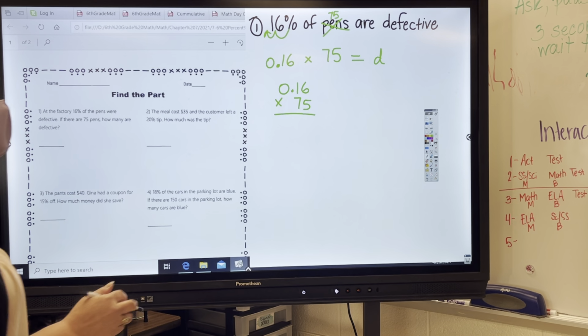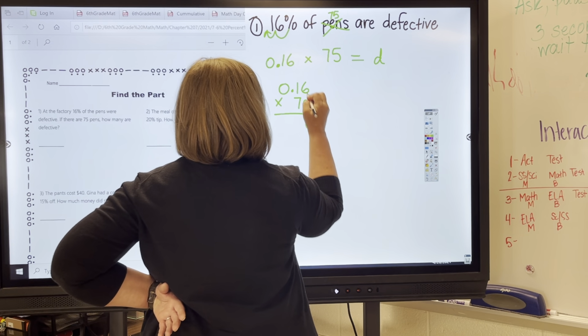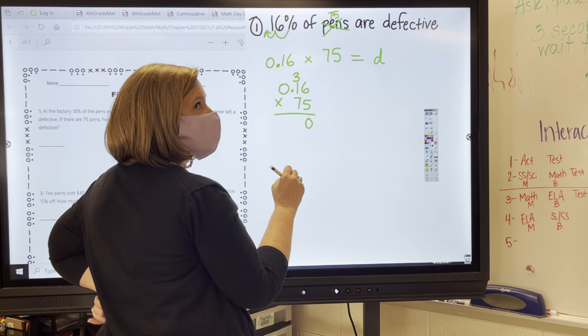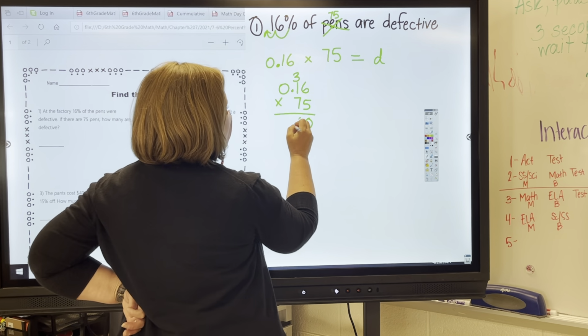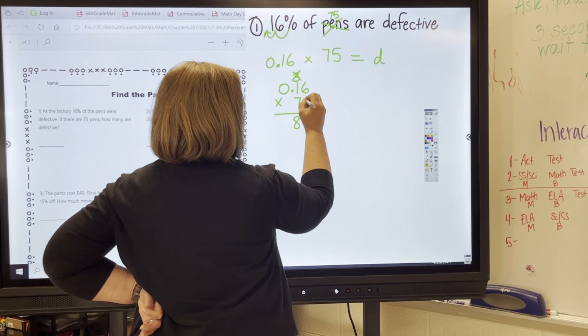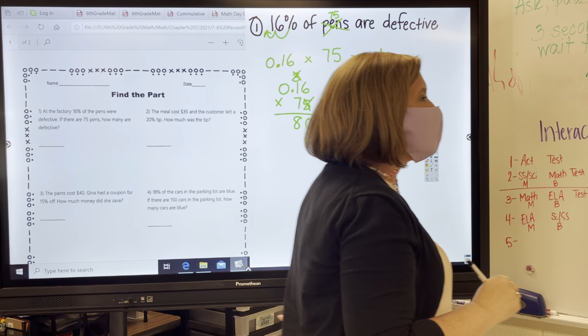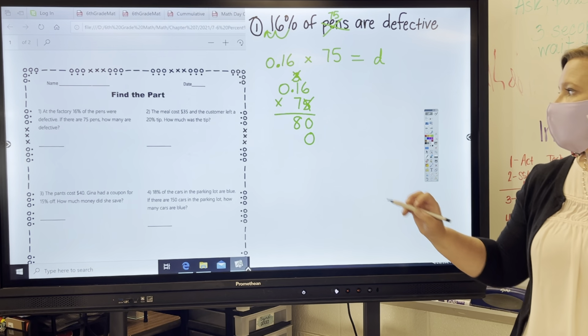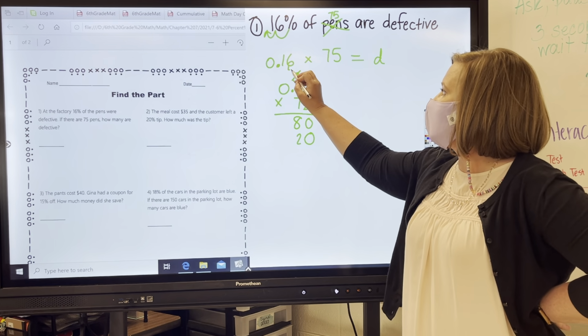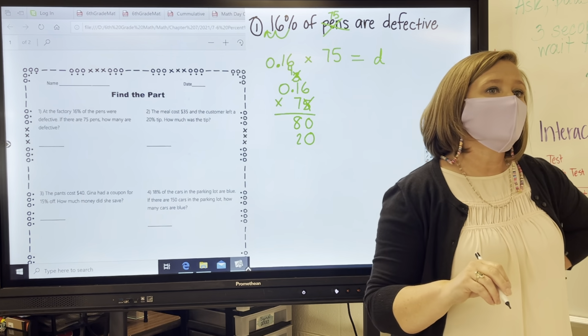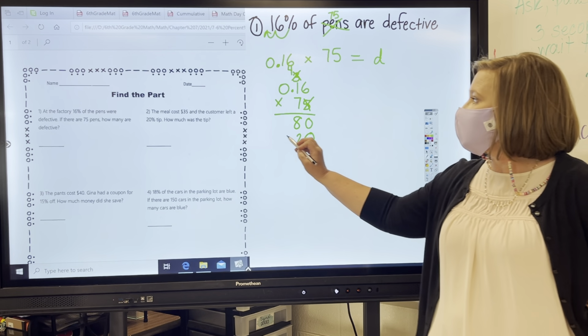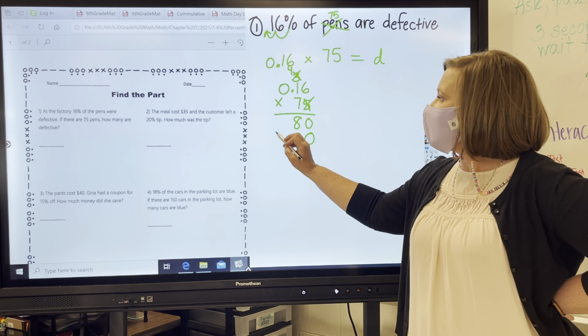Five times 6 is 30, carry my 3. 5 times 1 is 5, plus 3 is 8, go to the next row. Bring down my 0. 7 times 6 is 42. Write my 2, carry my 4. 7 times 1 is 7, plus 4 is 11.